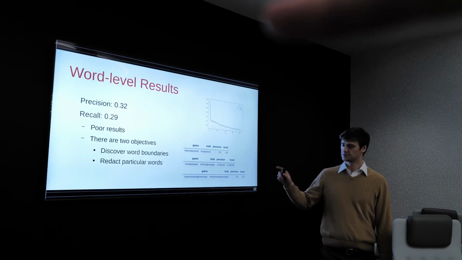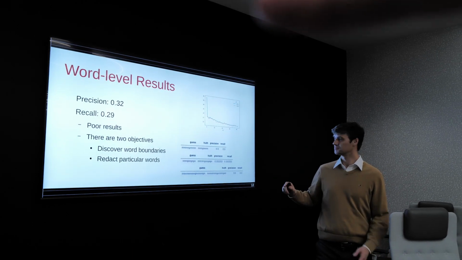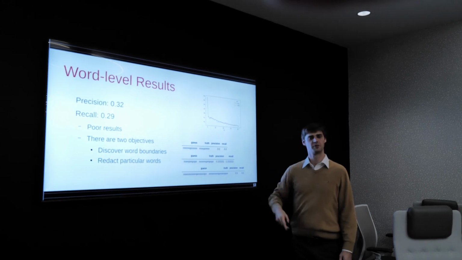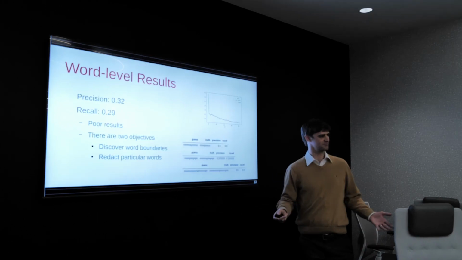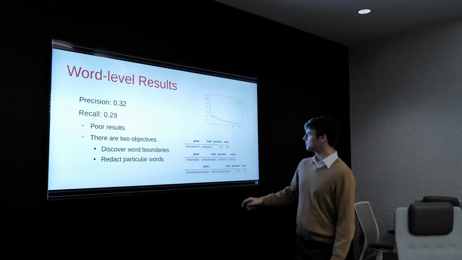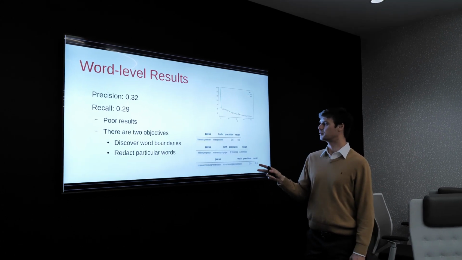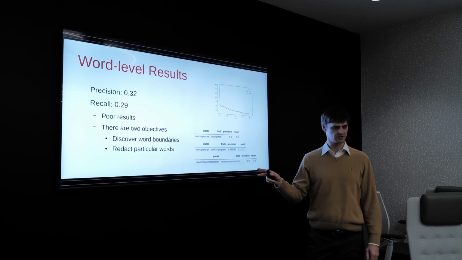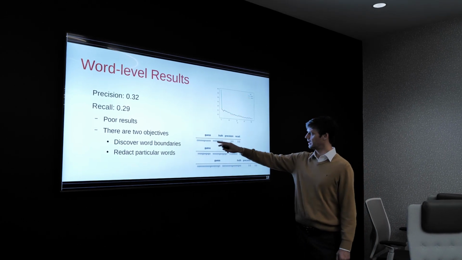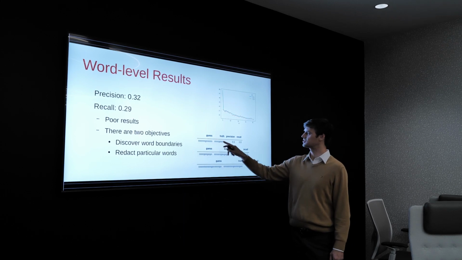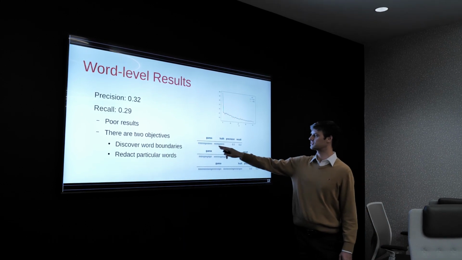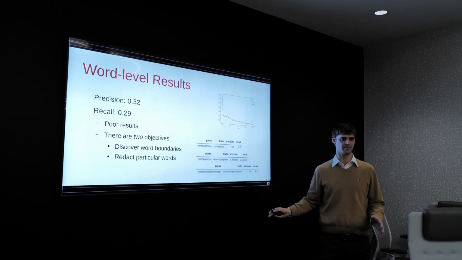Right. So for the word level results, I trained the model, converged all right, but ultimately fairly poor results, which happens. But remember there were the 2 objectives, discovering where the word boundaries are and redacting those particular words. And when I look at the prediction and the truth, I actually see that the redacted sections look like they're showing up in kind of the right spot.